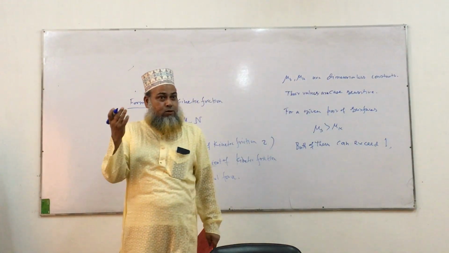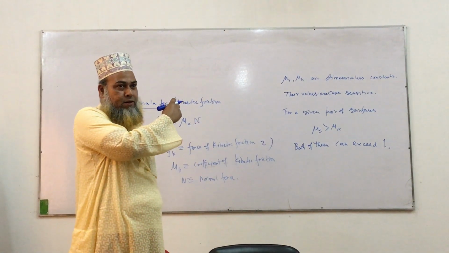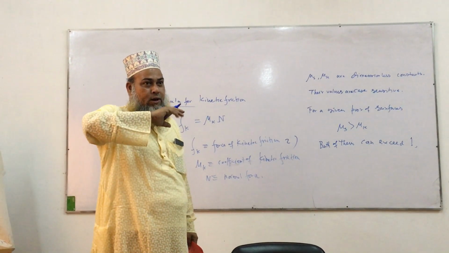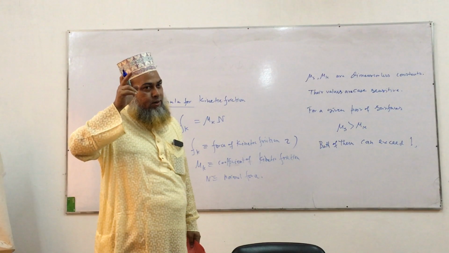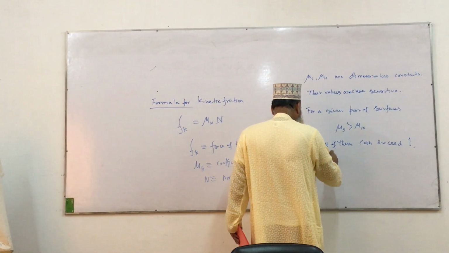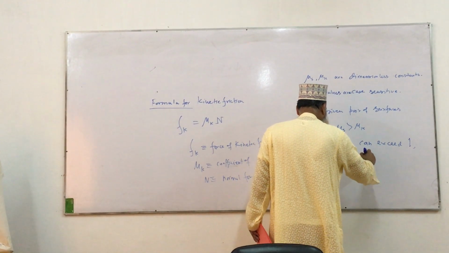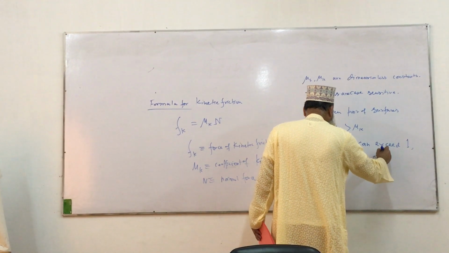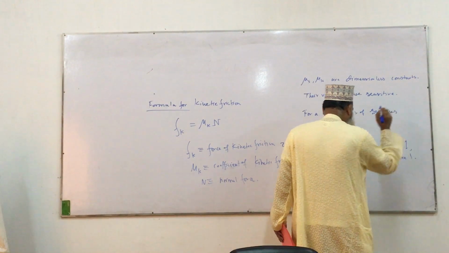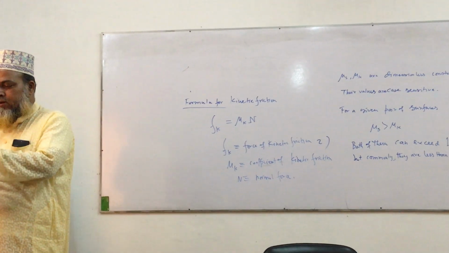They are dimensionless constants, so you need not write any unit here. So mu k and mu s can exceed 1. But commonly they are less than 1.